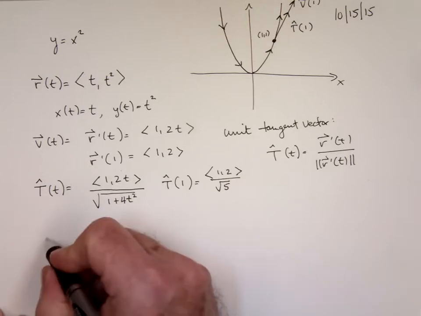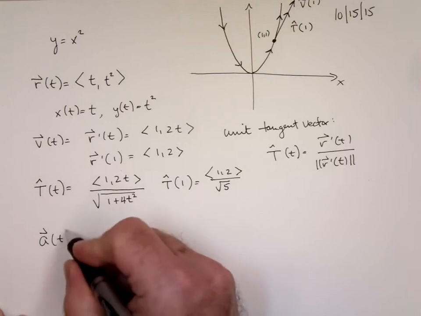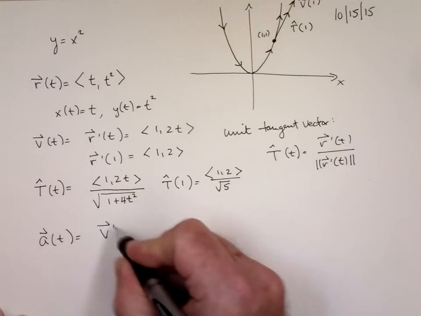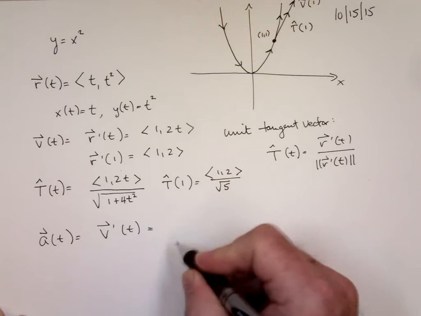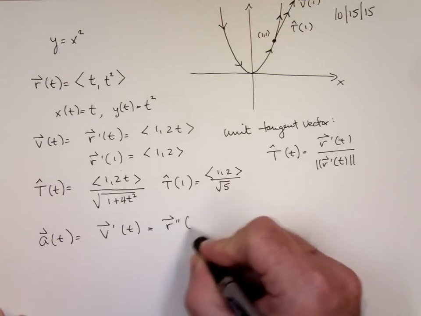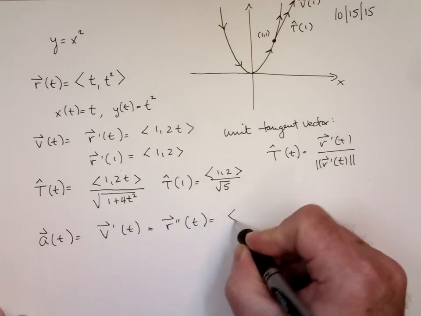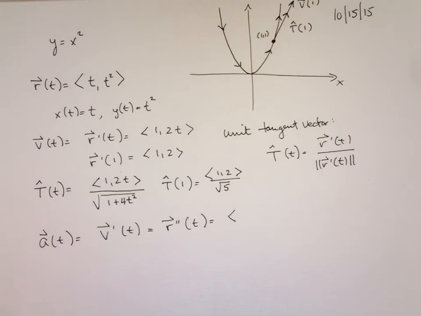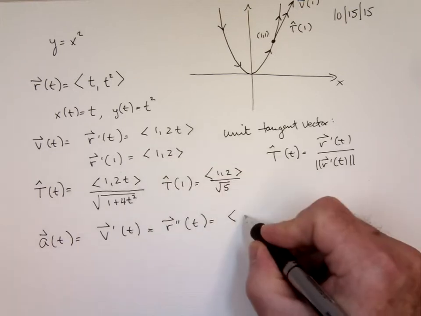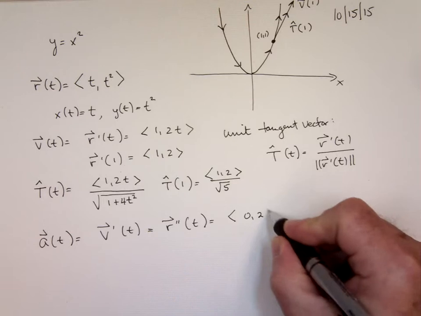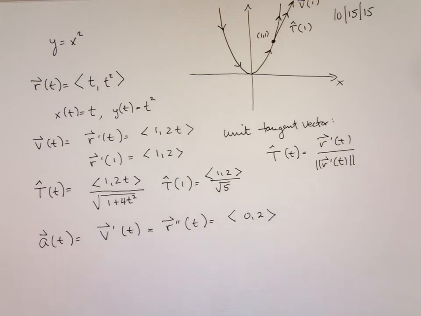Acceleration, the derivative of the velocity, the second derivative of our position, and that's going to equal 0, 2. And what this says is that the acceleration is a constant 0, 2 in the y direction.